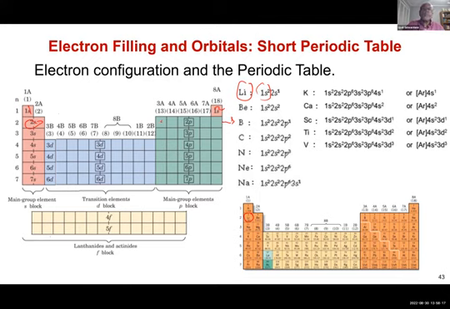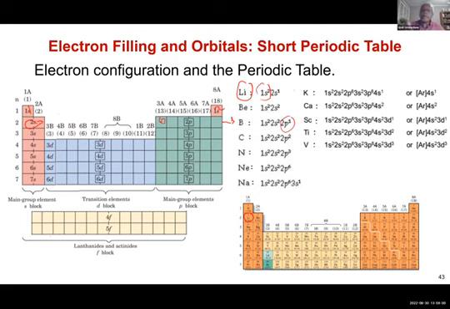First 2 goes to there, 2 goes there, 1 goes there. So boron is 1, 2, 3, 4, 5 electrons. If you look at boron, there's 5 electrons, 2 plus 2 plus 1. So last one goes to p orbital right here. Do you see what I'm doing?